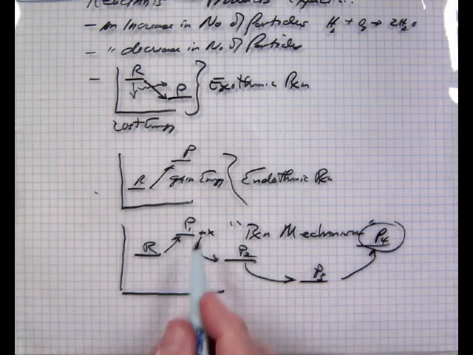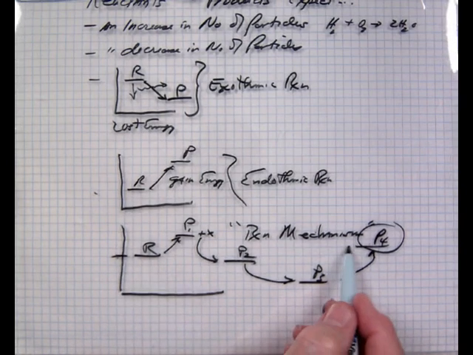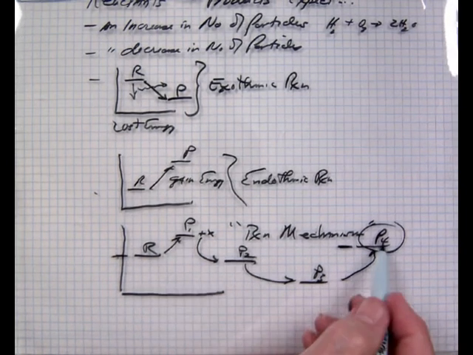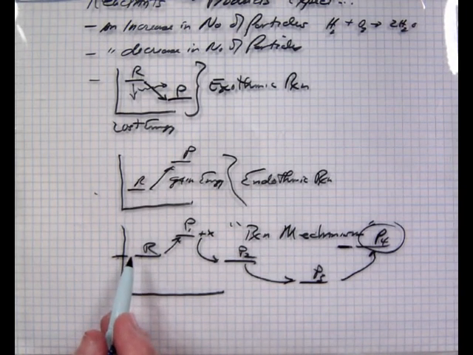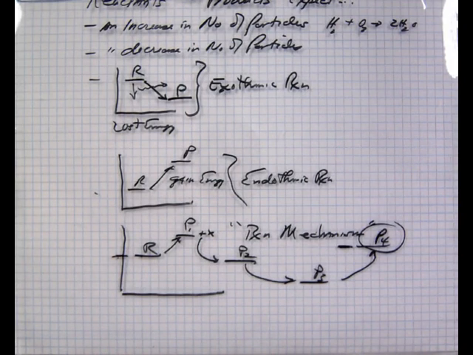As you look at this, let's assume these were on the same level. Product 4 energy content is on the same level as the reactants before they started reacting. Has that process undergone an energy change? Net energy change equals 0, but it has.